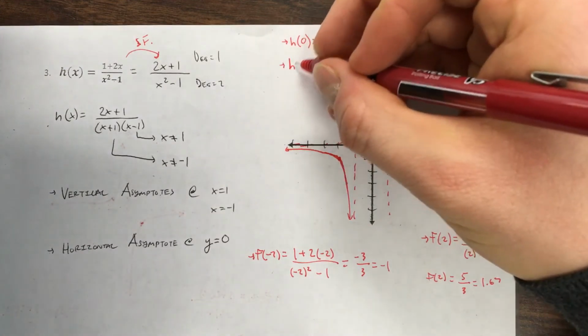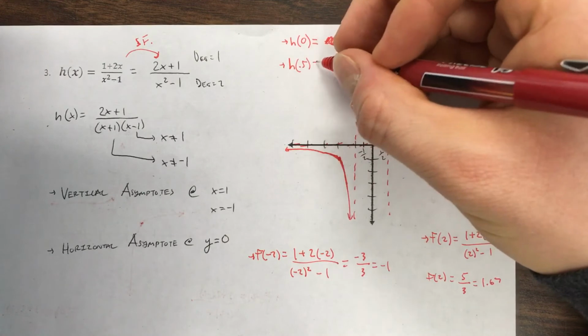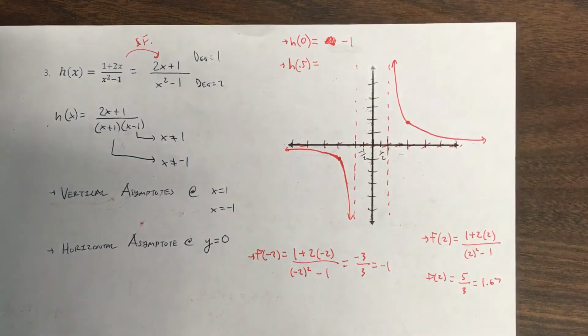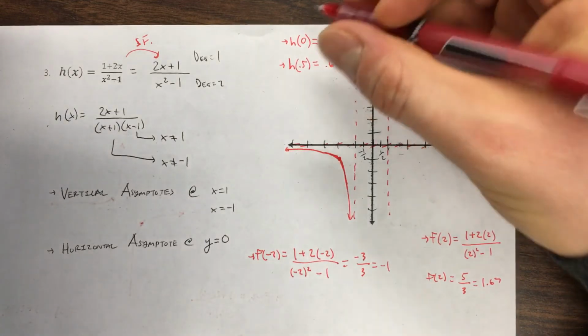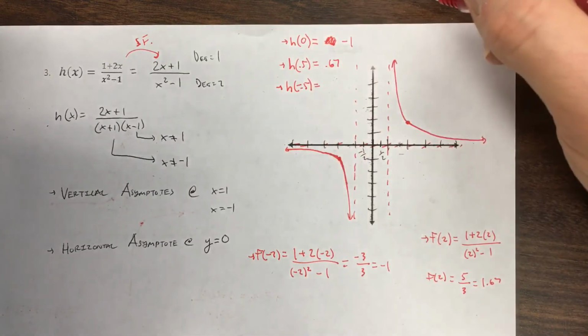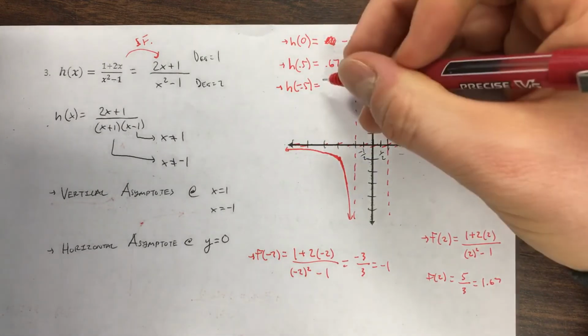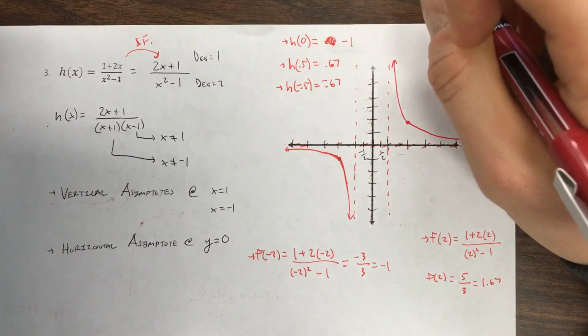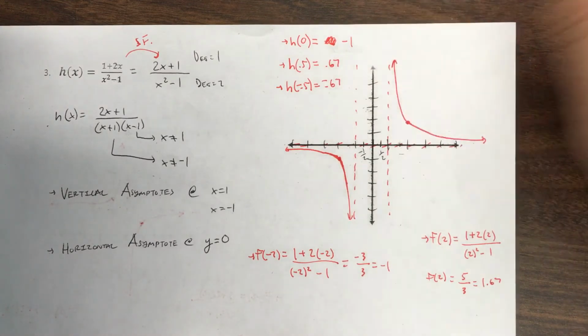If you plugged in 0.5, positive 0.5, you would end up with 0.67, and if you plugged in negative 0.5, you would end up with negative 0.67. Is that right?